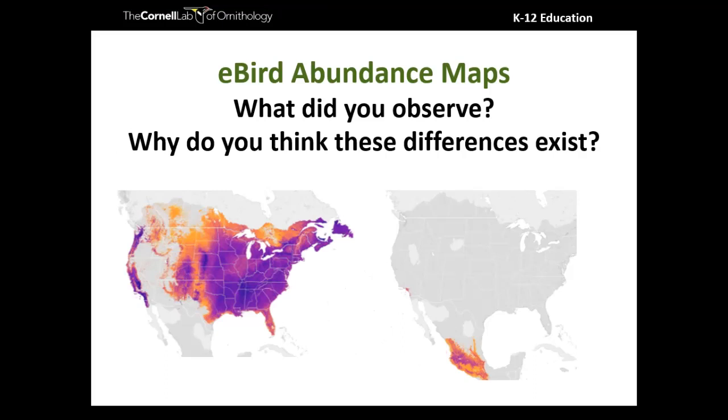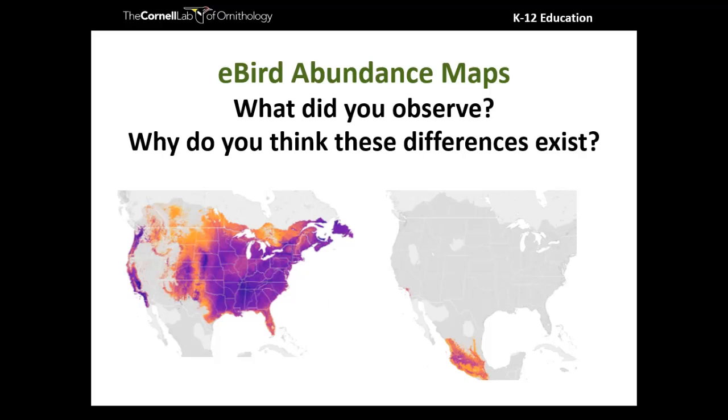So what did you observe between these two maps? Were you able to detect any differences? So what we're seeing right here on the screen now is a snapshot from January.